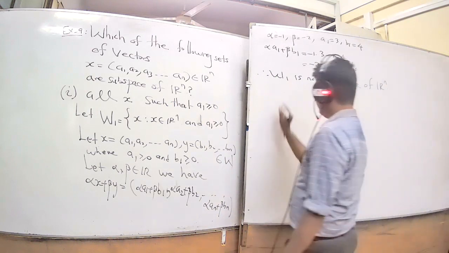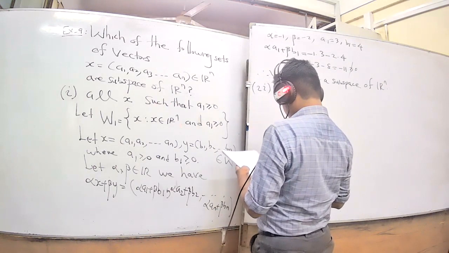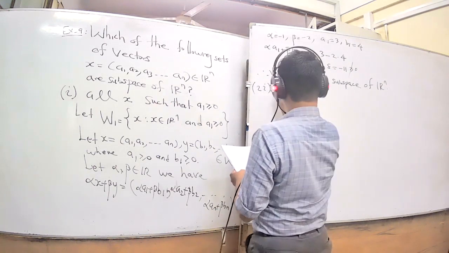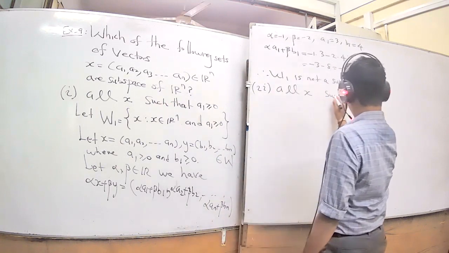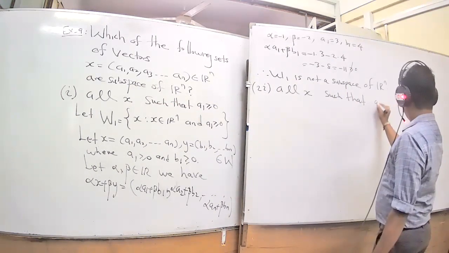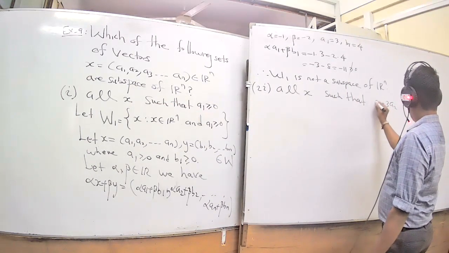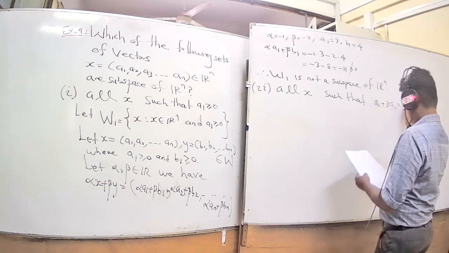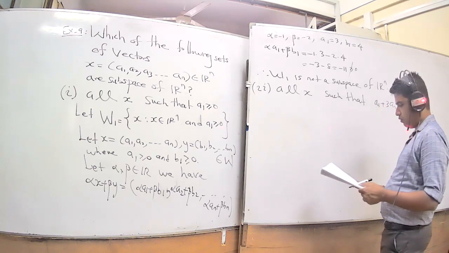Second part: all values of x such that a1 + 3a2 = a3. Check whether this is a subspace or not.